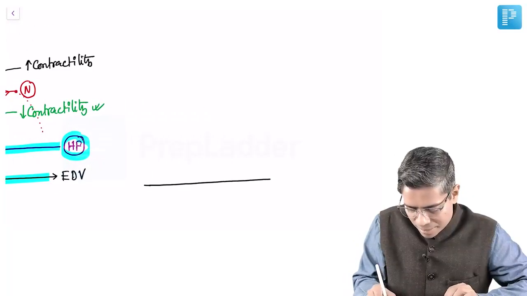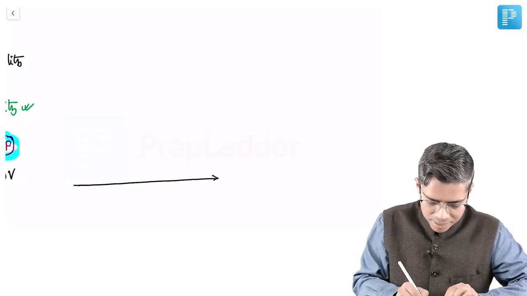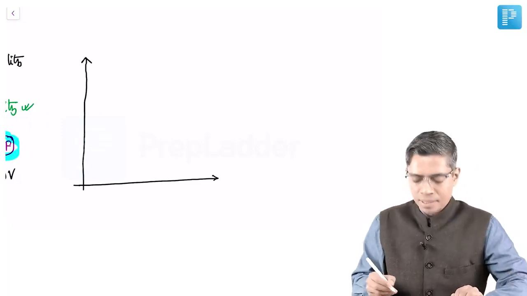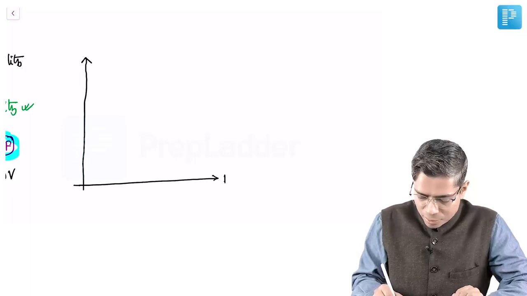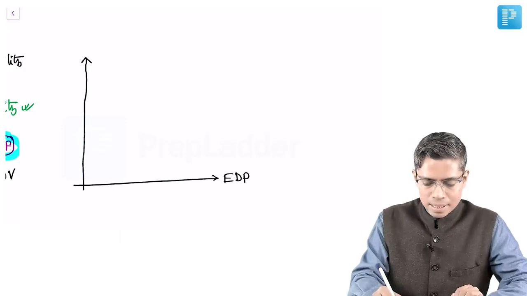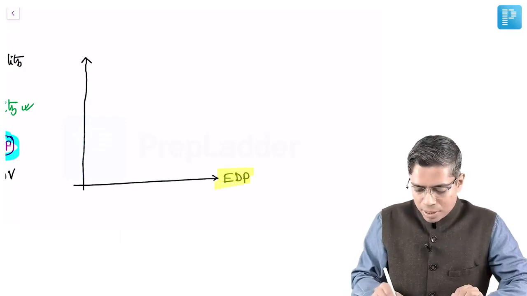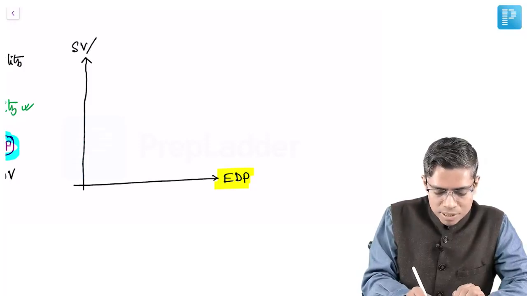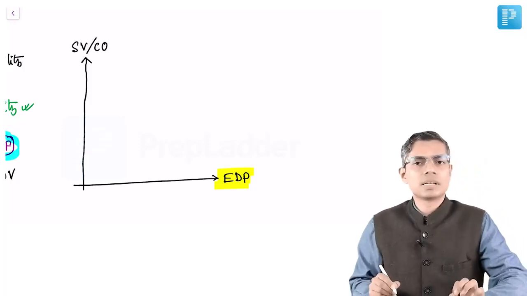So this is the x-axis, okay, and this is the y-axis. Again the same Frank-Starling curve. Now the x-axis is end diastolic volume, but here I am plotting end diastolic pressure, okay, end diastolic volume or end diastolic pressure, and the y-axis is stroke volume. Obviously stroke volume is also a determinant of cardiac output.